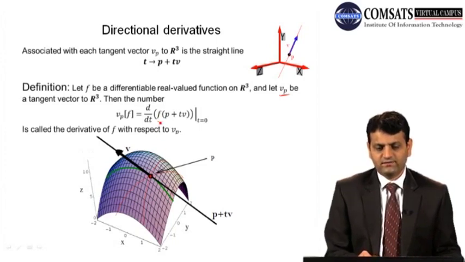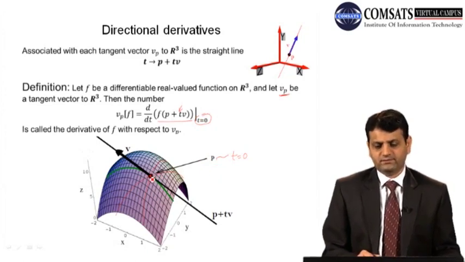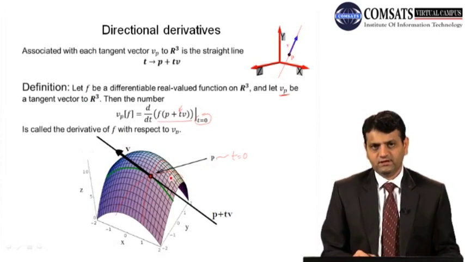So this f of p plus tv is a function of one variable, and the variable is t, and you know how to differentiate functions of one variable. Then you evaluate at t equals 0, because t equals 0 corresponds to the point P. So what is the directional derivative then? Given any function f, you can sketch its graph in R3.